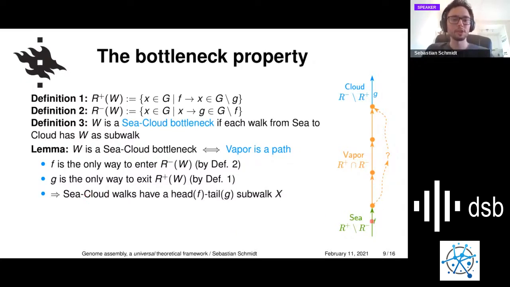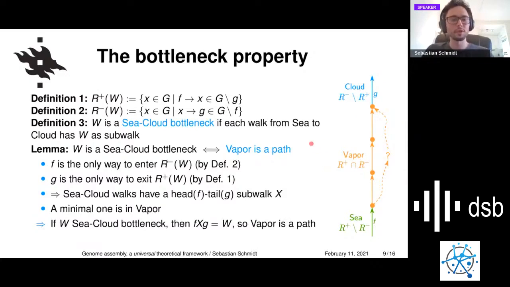That is that each walk from C to cloud needs to first of all enter R minus at some point, it needs to exit R plus at some point, and therefore it needs to use F and then G. Therefore, it also uses the head of F and the tail of G. So it has some head of F, tail of G subwalk that we call X now. And if we now take a minimal one, then we know that this one is in the vapor, because then it doesn't repeat the head of F or the tail of G, and our walk W here is always in the vapor.